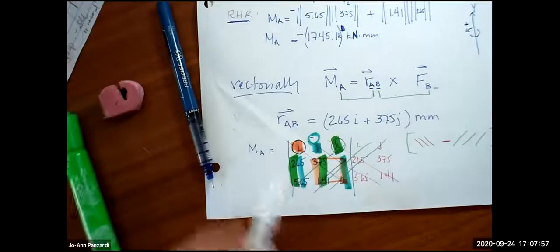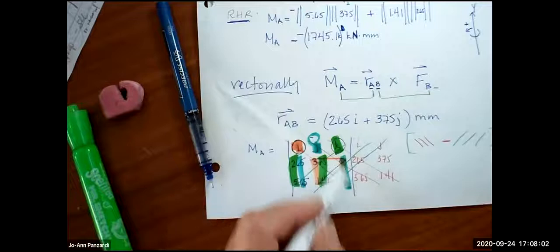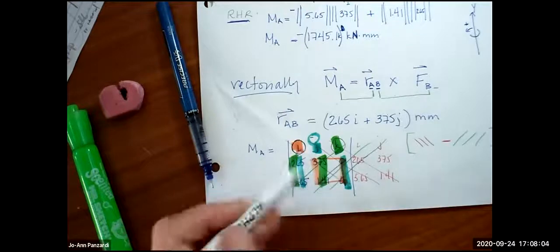All right. In this case, you notice there's zeros, right? So if I did the I, I would get a 0. If I did the J, I'd get a 0.